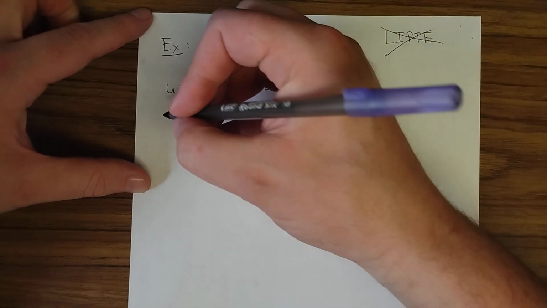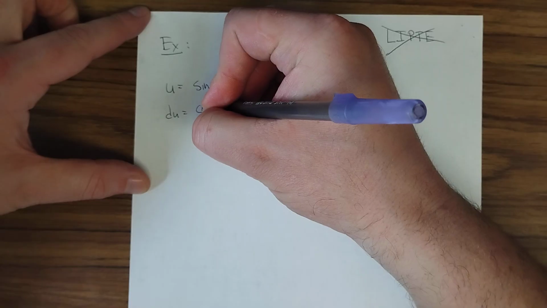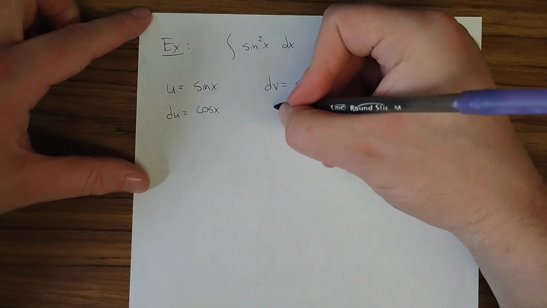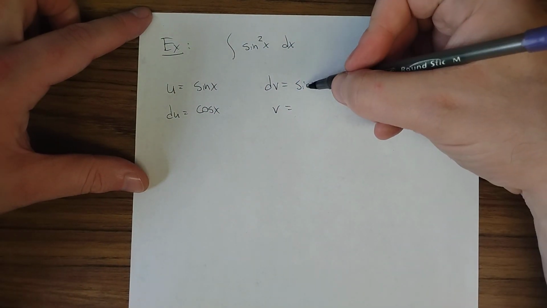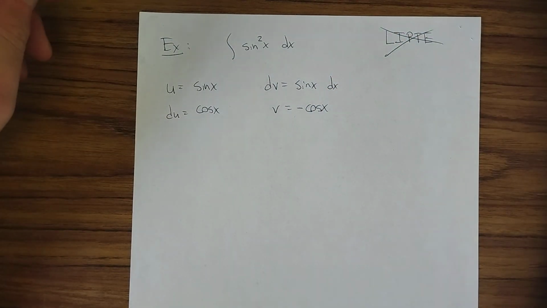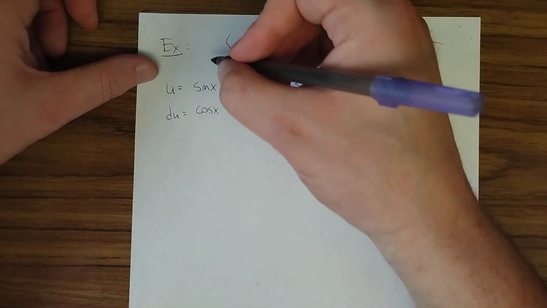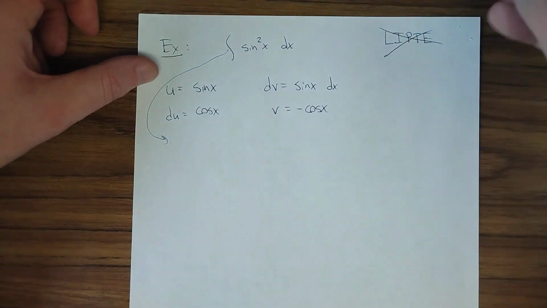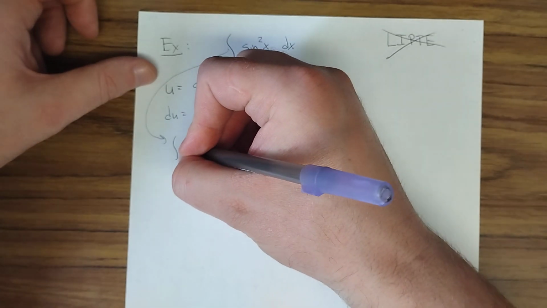So here we go. du is cosine x. v, the antiderivative of sine, is negative cosine. Okay, so let me write this again.